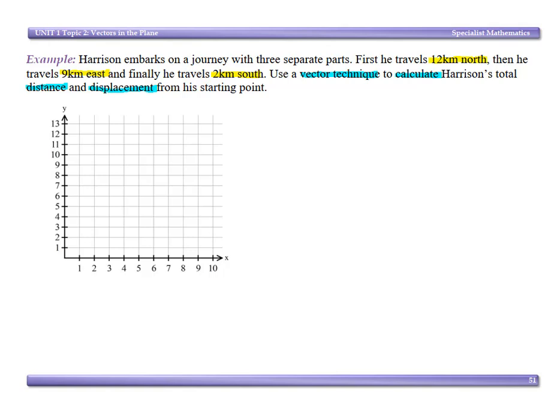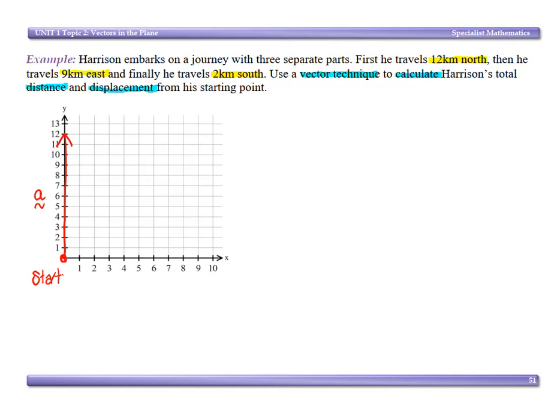So we have a Cartesian plane here to make it a very accurate depiction of what's happening. So first of all, he went 12 kilometres north. You should use a ruler. I'll put that this is his starting point.